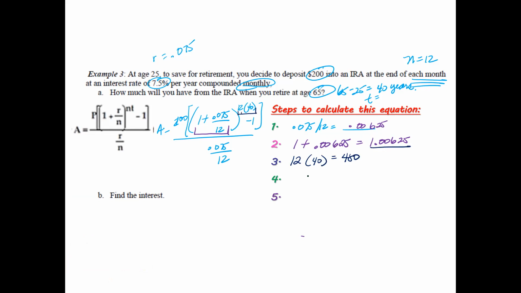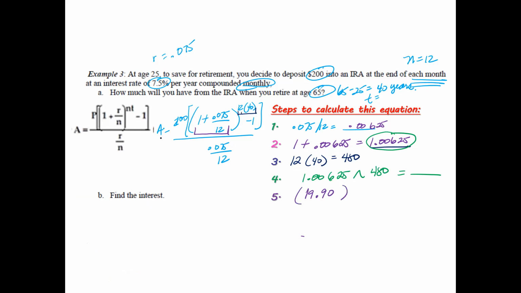Step 4. We're going to go ahead and take 1.00625, which is what you just have right here, put it to the caret, 480. What does that give you? Well, you should technically have 19.90.